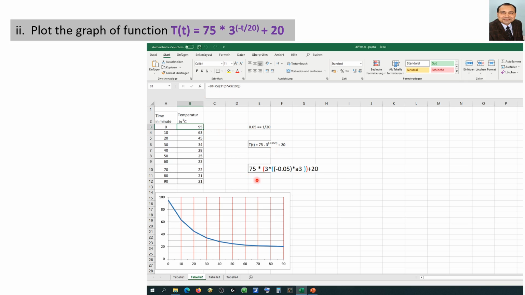To write this function, use the equal sign, then 20 plus 75 multiplied by, insert a bracket for the whole factor, then e to the power of minus 0.05, which is the 1 over 20 factor. How to define t? This t is column A, so take the value A3.